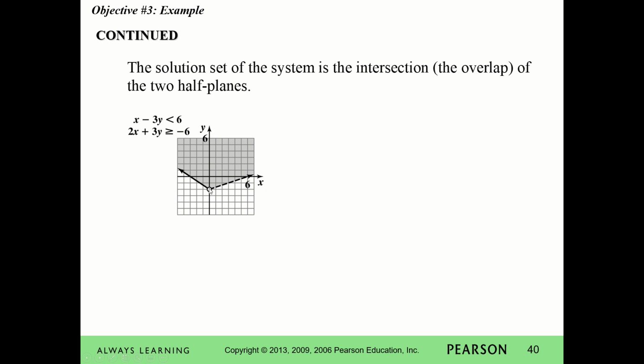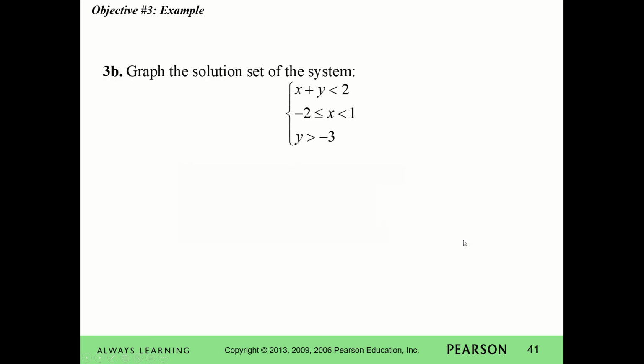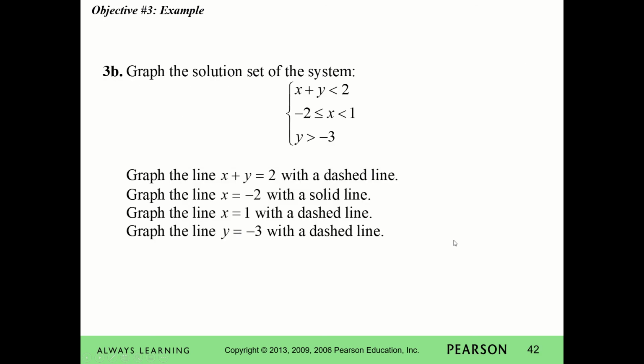So they kind of cut out the graphing part because we've done graphing in multiple different sections and talked about it a lot today, but they found that the test point 0, 0 satisfies both of these equations, so you get the entire region above both of those lines is where it overlaps.